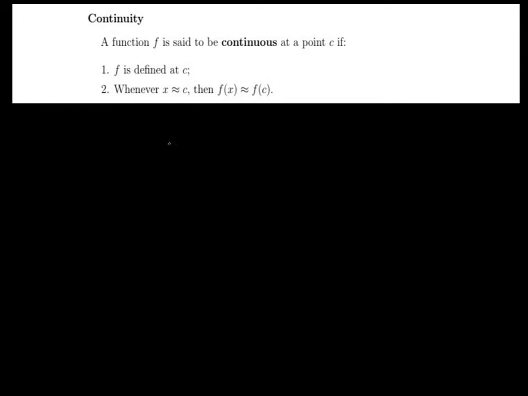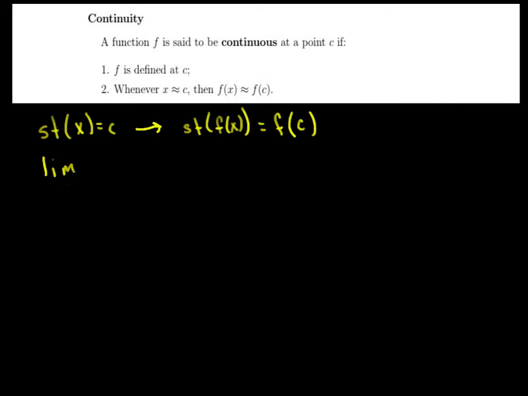Other ways of describing this would be that if the standard part of x is c, then the standard part of f of x is f of c. Or, using our limit definitions from the previous section, we could say that the limit as x approaches c of f of x is equal to f of c.